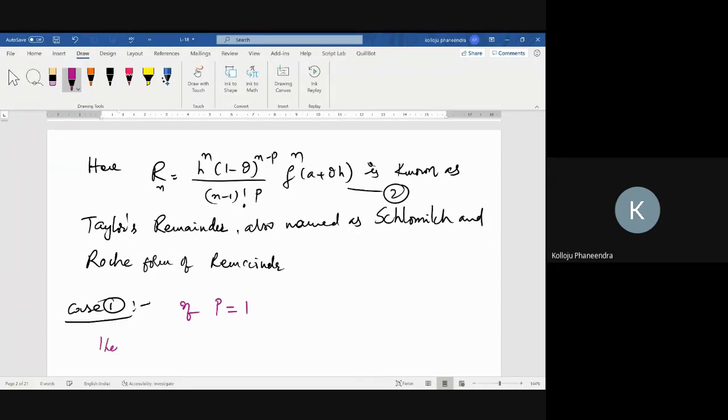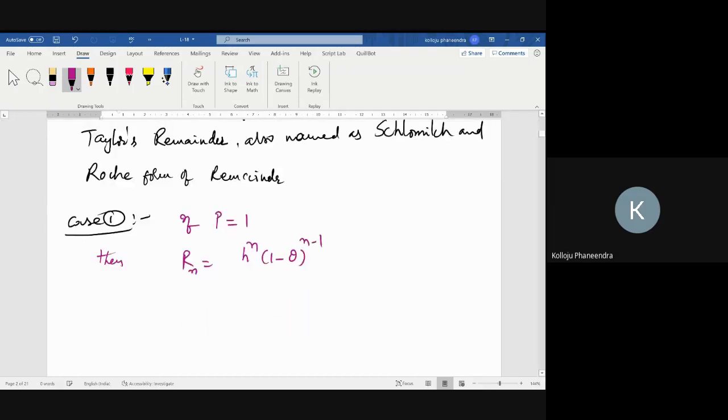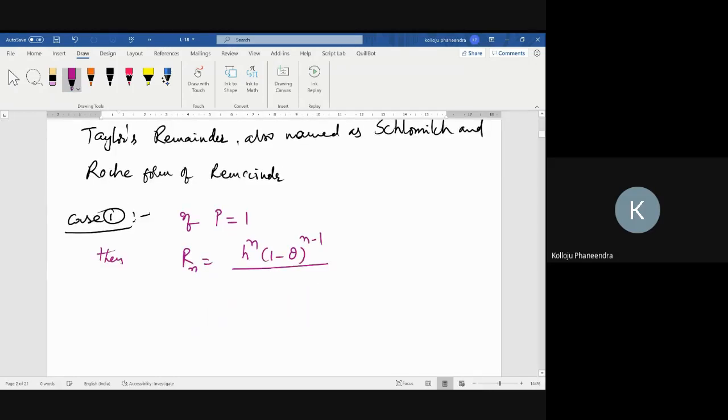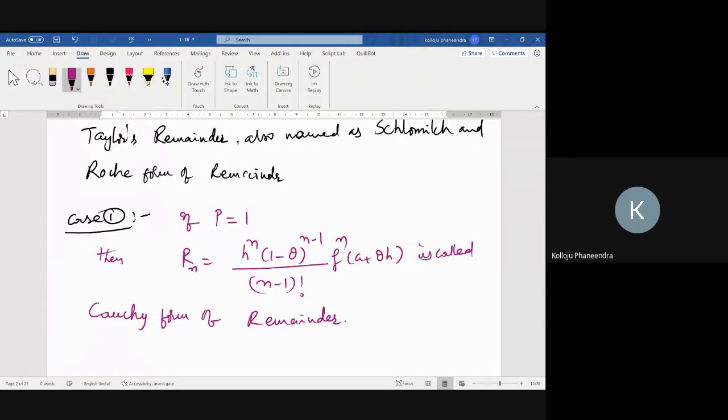Then Rn becomes h to the power of n (1 minus theta) whole power n minus 1 by n minus 1 factorial, p value 1, multiplied by nth derivative at a plus theta h. This is called the Cauchy form of remainder when p equal to 1.